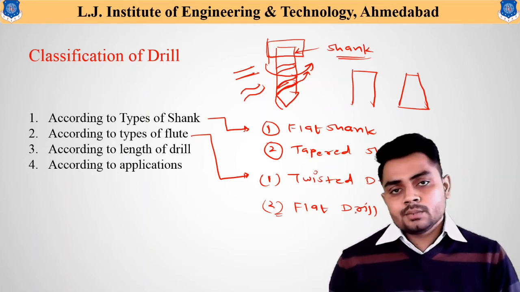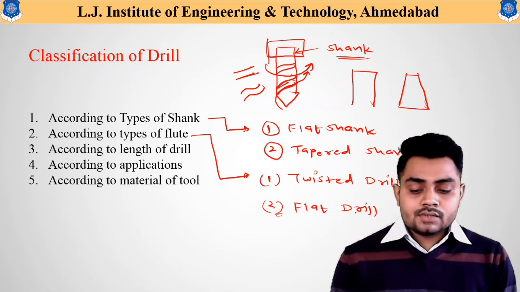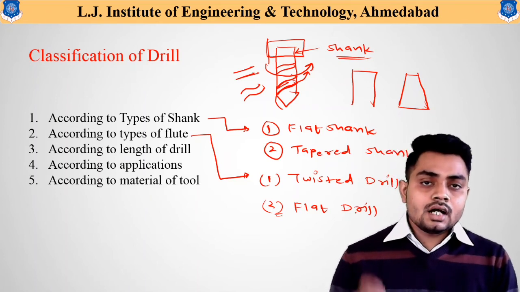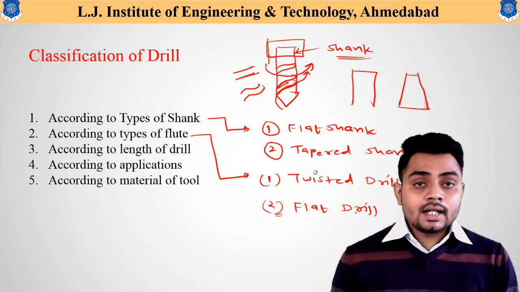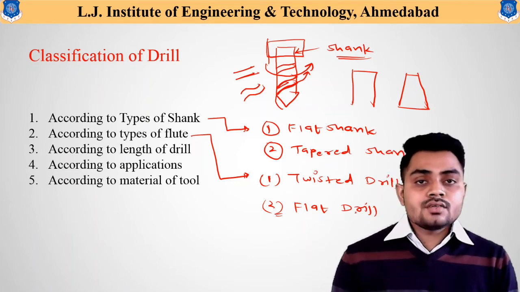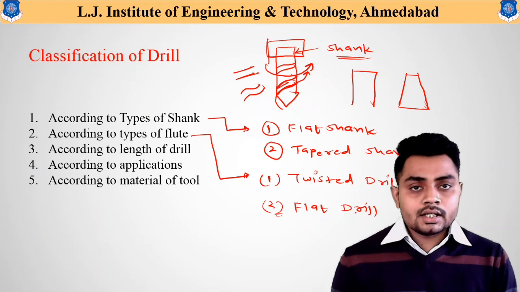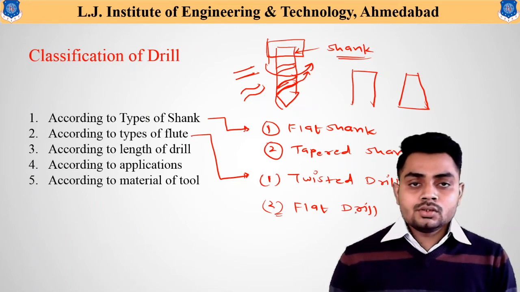Now the next one, which is the last, is according to the material of the tool. That means drill bits are available in varieties of materials. So according to the material, these drill bits are also divided.